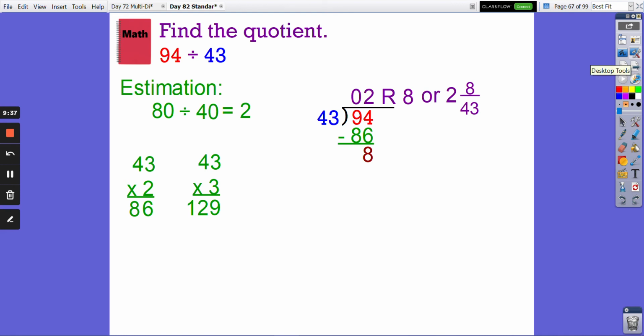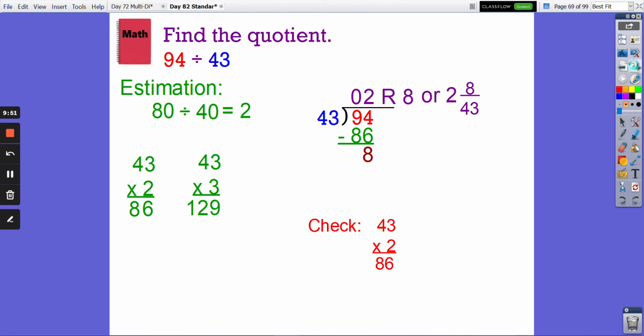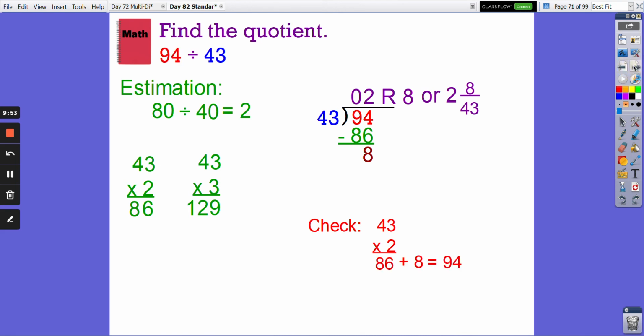Okay, make sure you have this all in your notes. Let's check our work. We're going to do 43 times 2 and then add in our remainder. 43 times 2 is 86.